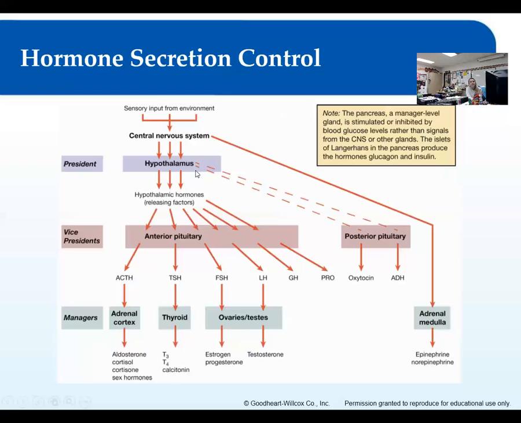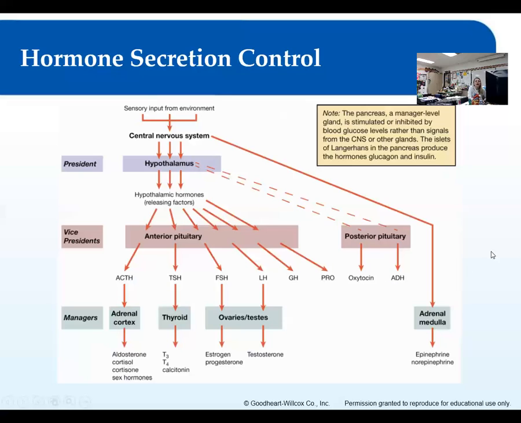So this is its setup: the hypothalamus tells the anterior pituitary what to do, and then it releases hormones that go to different organs. Now the hypothalamus is also connected to the posterior pituitary, which has its own hormones that it releases, but these directly act on their target organs.